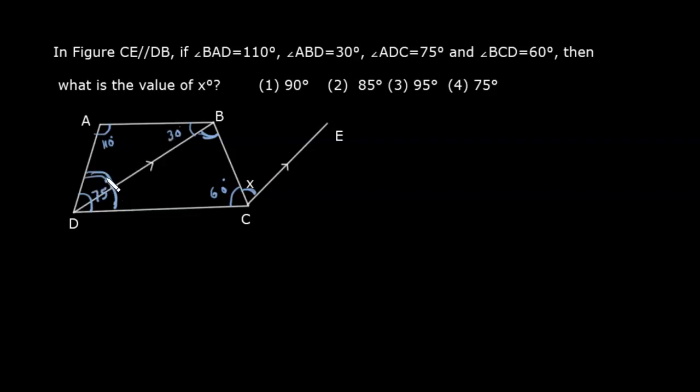The sum of these three angles is 180 degrees, because ABD is a triangle and we can apply the angle sum property in triangle ADB. Angle A plus angle B plus angle 1 is equal to 180 degrees. This is 110, this is 30 degrees.